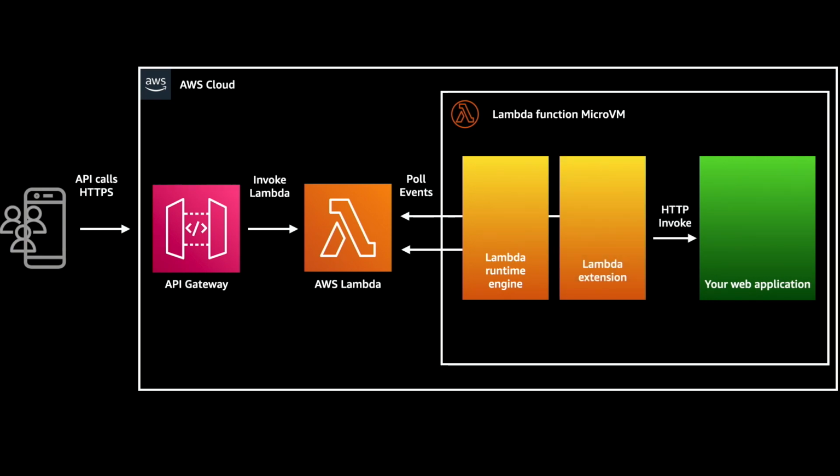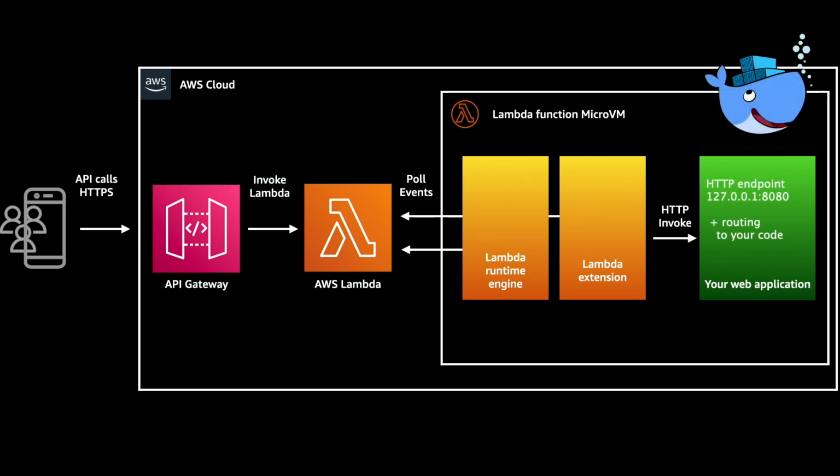I'm going to use a Lambda extension that will receive the invocation from the Lambda runtime and transform that into a regular HTTP request that Vapor can understand. And then I'm going to use Docker to package my web application and deploy that web application unmodified inside the Lambda container. And of course, to deploy all that, we are going to use our friend SAM to create all the different parts of the infrastructure.